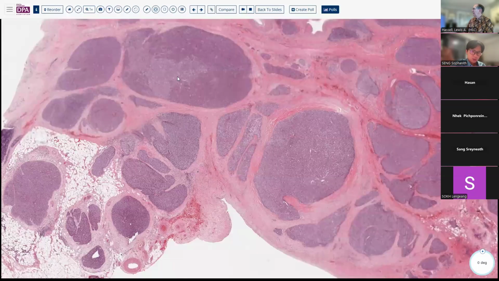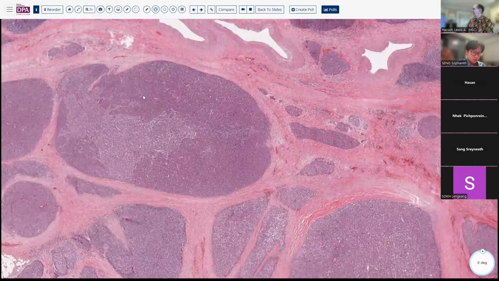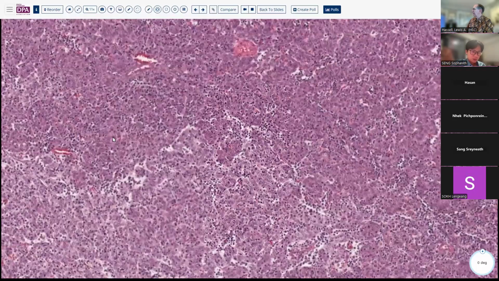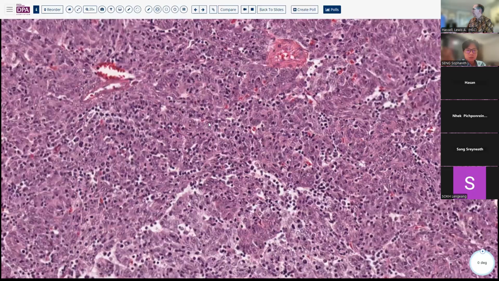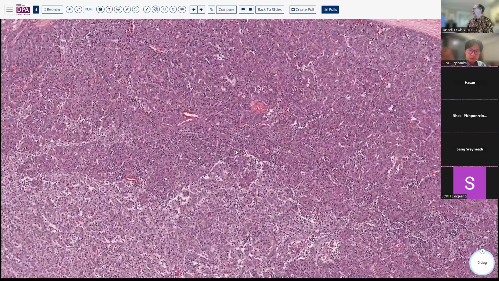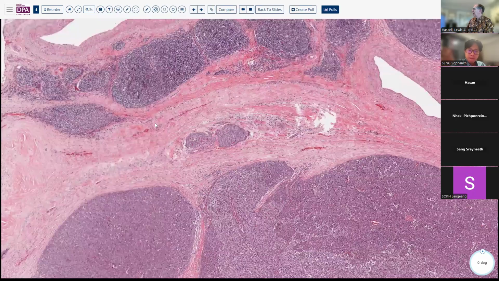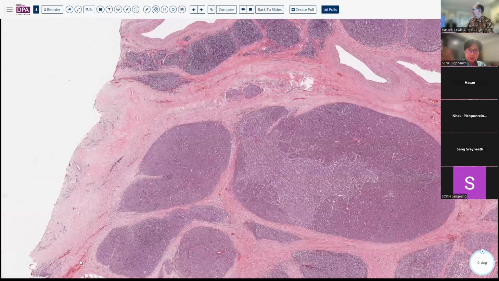Another feature that we see here is, again, this variable morphology. Notice here we can have some hypereosinophilic cells, a more oncocytic appearance of the epithelial cells, an admixture of lymphocytes. And then over here, I think it's a nice juxtaposition. Let's see if we can find it.